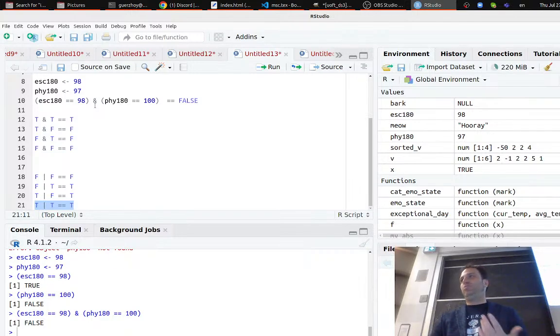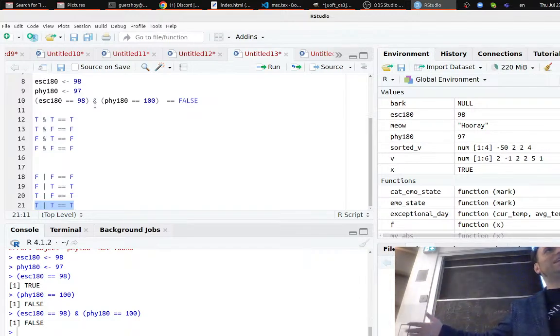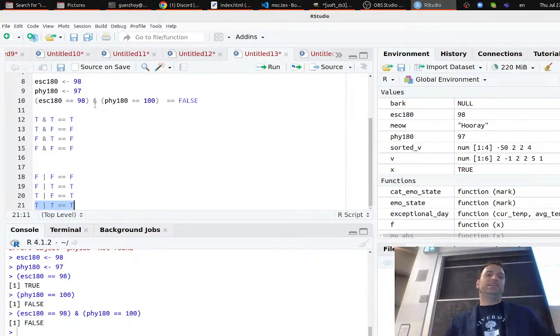In English it's a little bit ambiguous, if not outright false: if you got an A plus in both and you say, I got an A plus in ESC 180 or Physics 180, people would usually understand you to be saying, I got an A plus in one or the other, but not both. In R and in Python and in C, it's not like that.